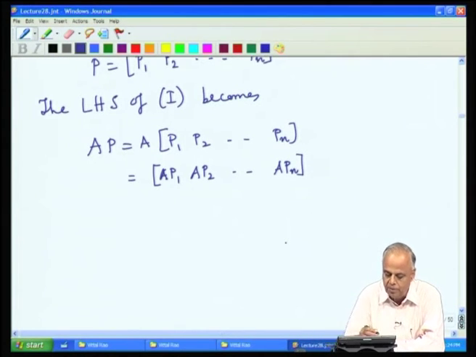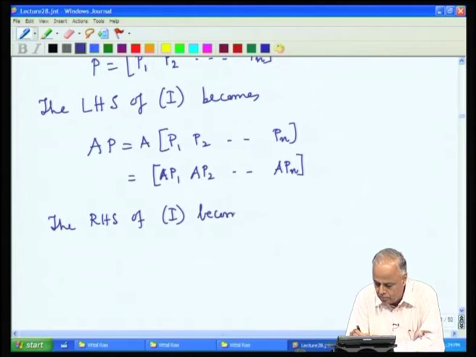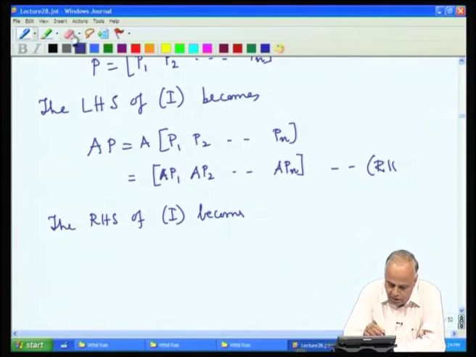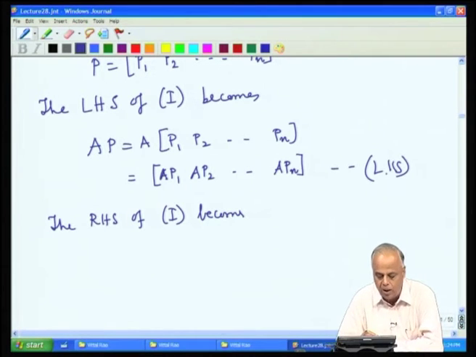This is the left hand side of the equation, the LHS. Now, let us look at the RHS.